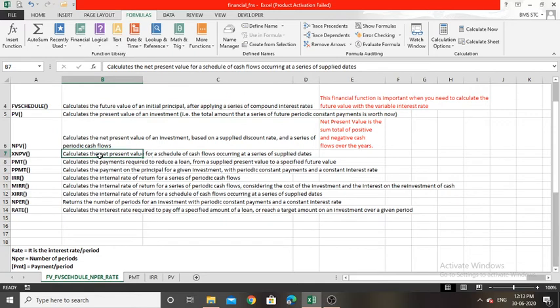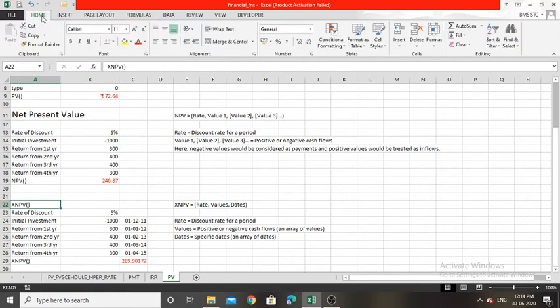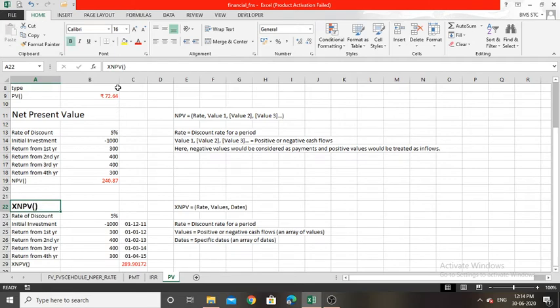It calculates the net present value for a schedule of cash flows occurring at a series of supplied dates. So in the previous one there were no specified schedule dates. While we are calculating the XNPV, it will have a date, a schedule. Okay, so here you can see the difference also.